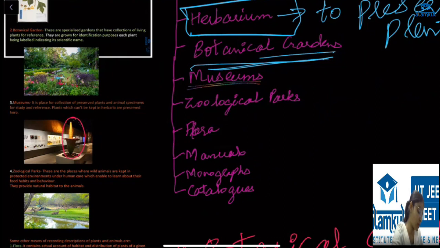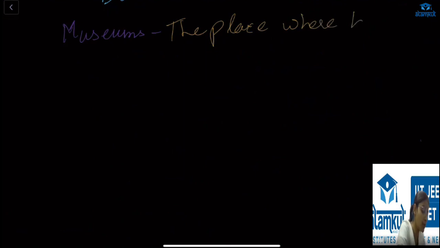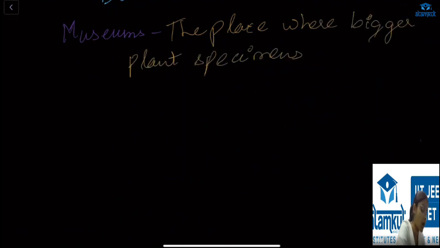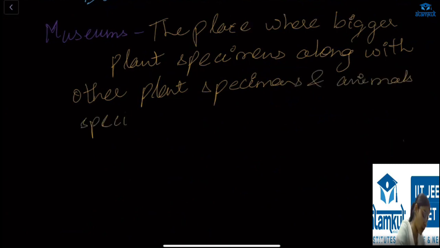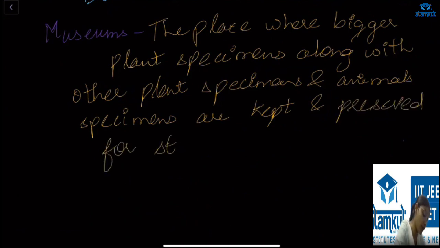Okay, so let us write museums. Museums are the places where bigger plant specimens, along with other plant specimens and animal specimens, are kept and preserved for study and references.